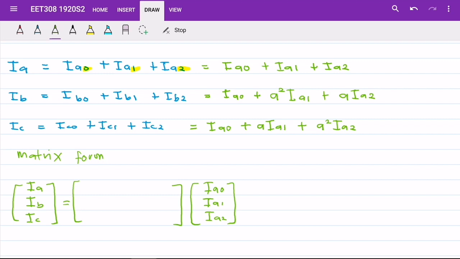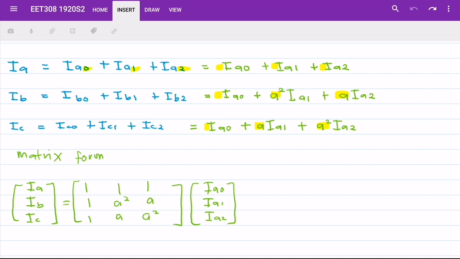So we can fill this matrix with 1, 1 and 1, 1, A power of 2, A, 1, A power of 2, A. We can refer to this equation. This is 1. This is the matrix form for the phase currents IA, IB and IC.